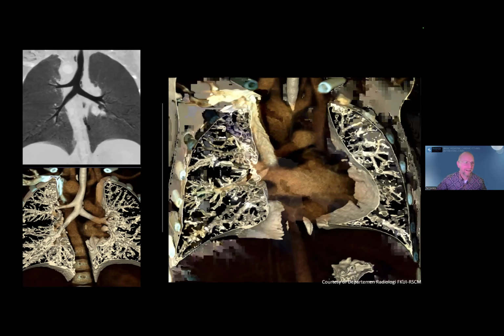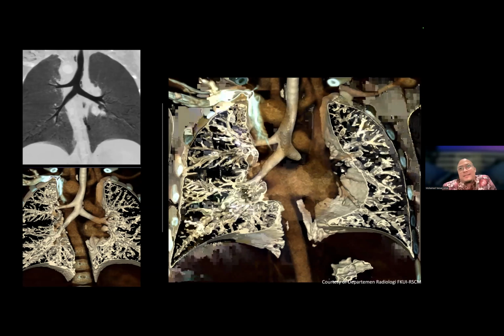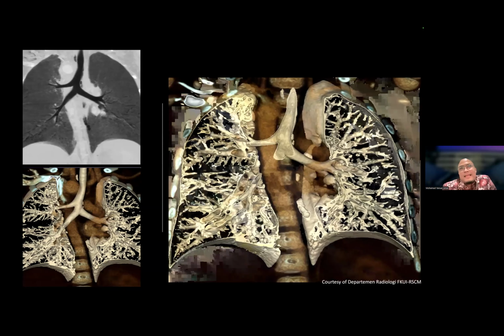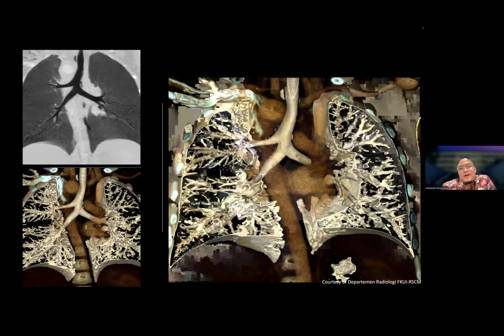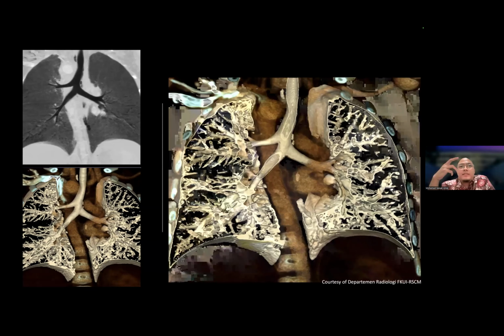Excellent question. I don't think I've ever seen it. Has anybody seen it? Really? No, in my experience I haven't seen a tracheal bronchus to the left lung, but we have different types of tracheal bronchus.